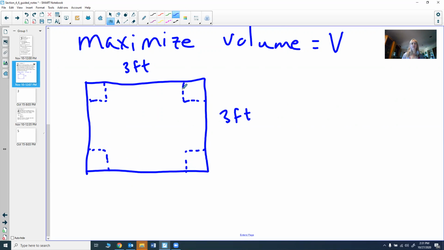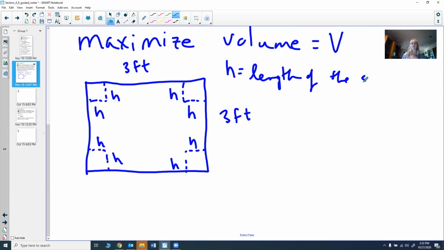So we know that these are 3 feet long and wide, but we don't know how big the squares are. So that's a variable we don't know. If I don't know what it is, I give it a name. Let's give it H for some name. And so these are all H because they're squares. And since I just wrote down a letter, I should write what that letter is. And that is the length of the squares cut out.